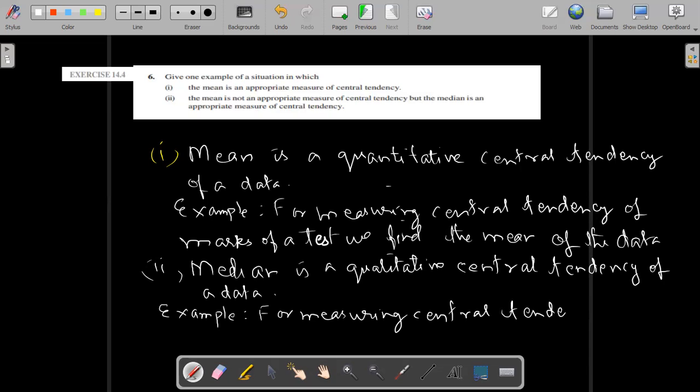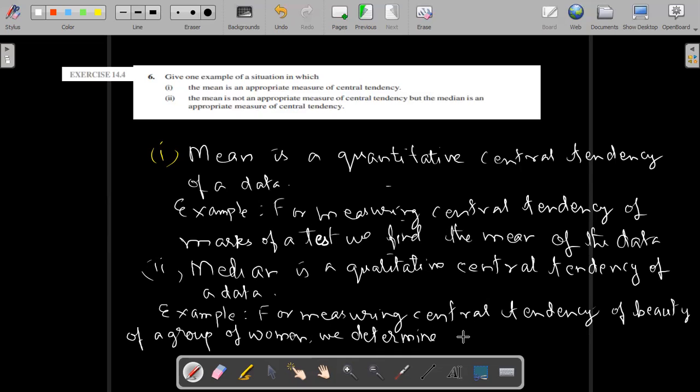Beauty is a quality, so it is a qualitative measure. These are the two examples.